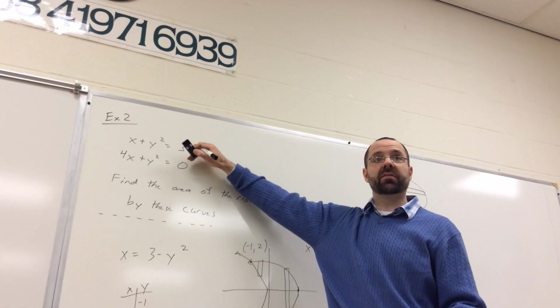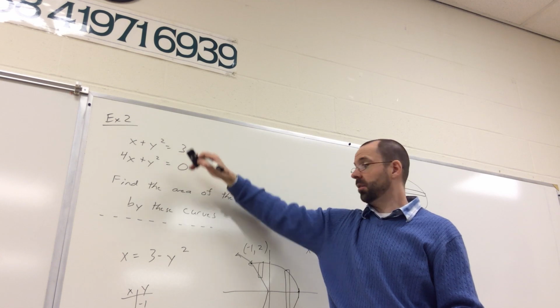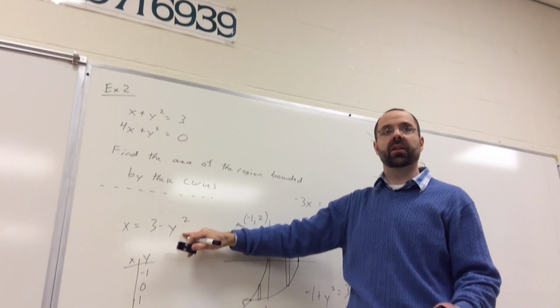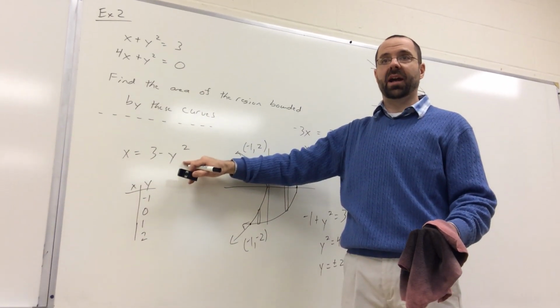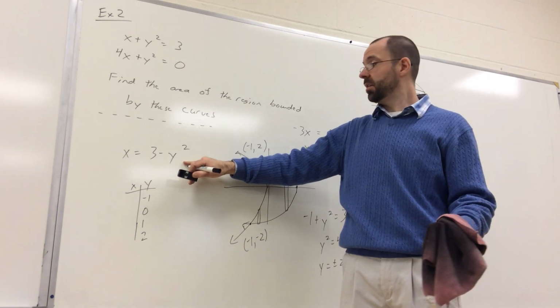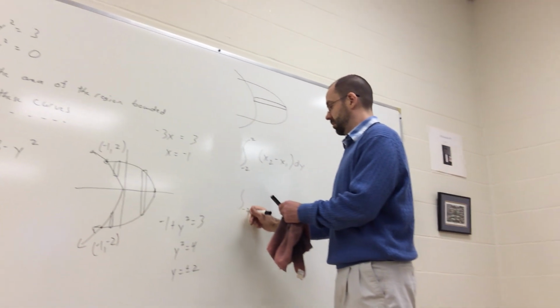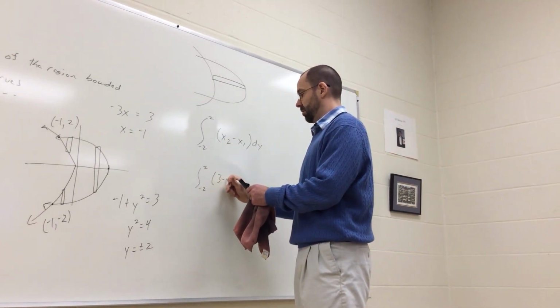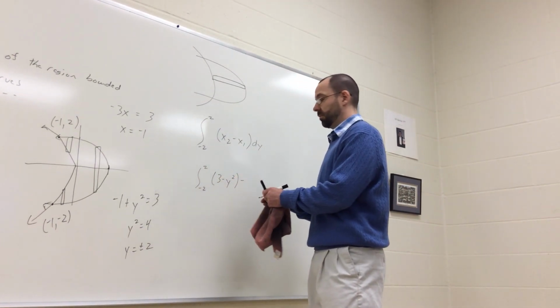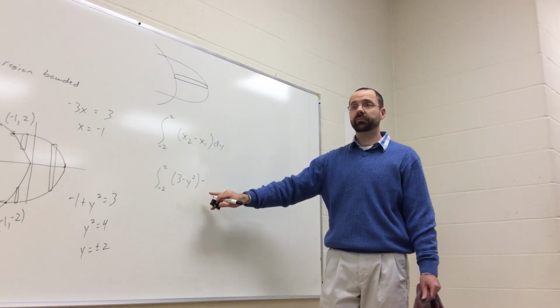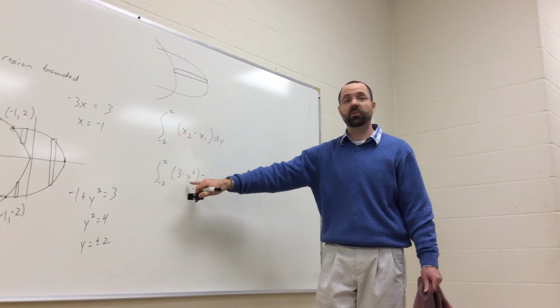I need a formula for x for that equation. Well, I already got that, right? I solved it here. So the bigger x, aka the x2, is 3 minus y squared. Just replaced x2 with 3 minus y squared.